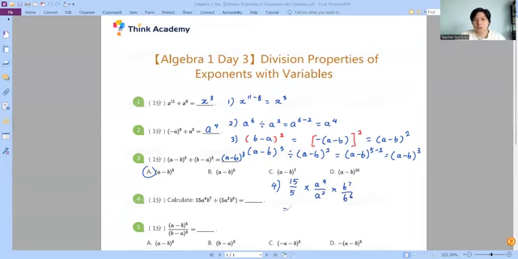Okay, it's less overwhelming if we just split it up and work on it part by part. So here, 15 divided by 5, I know that's 3. And a to the 4th power divided by a to the 2nd power, that's a to the power of 4 minus 2. b to the 7th power divided by b to the 6th power is b to the power of 7 minus 6. All in all, I'm going to get 3a squared b. And that's my answer, 3a squared b.